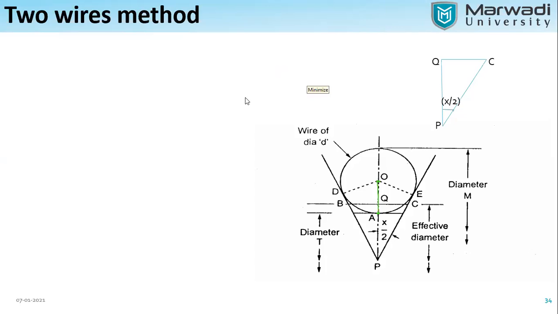Yes, exactly, I got the answer. It is the radius of the wire. That we know, because the diameter of the wire is known to us, as we have to select a wire for which we know the diameter. So we know the radius.